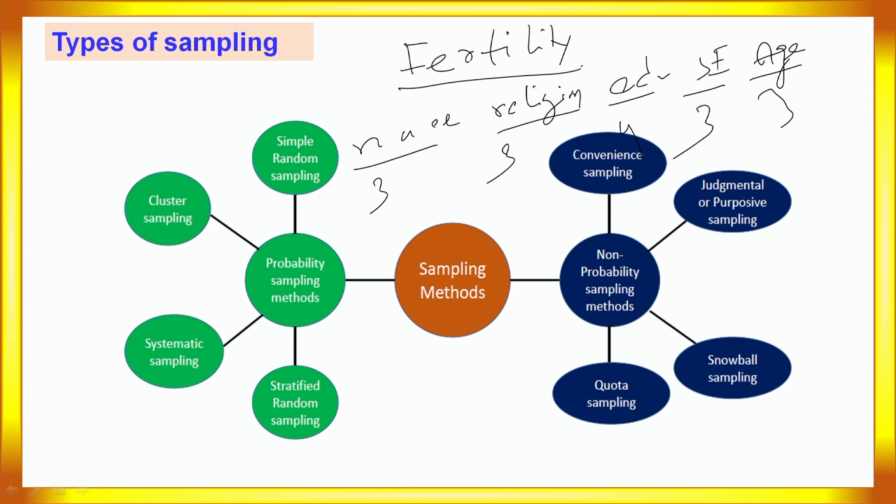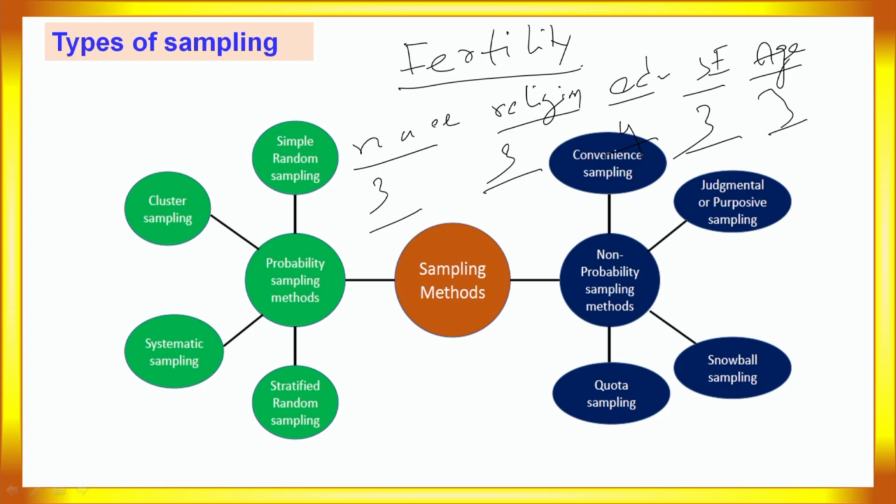Okay. Now, it is a rule for sampling that none of the strata should have fewer than 10 samples. So, in this case, how many samples are required for stratified random sampling?